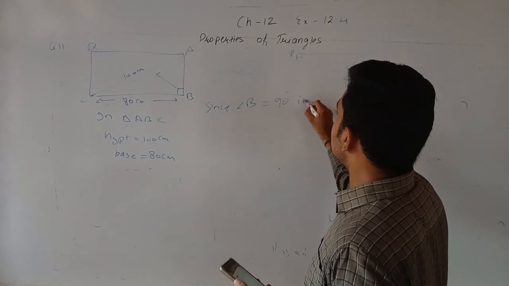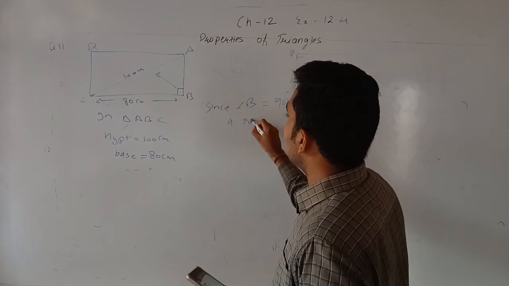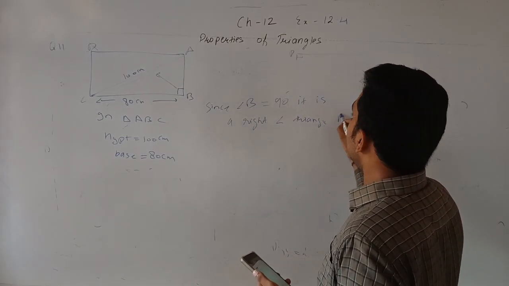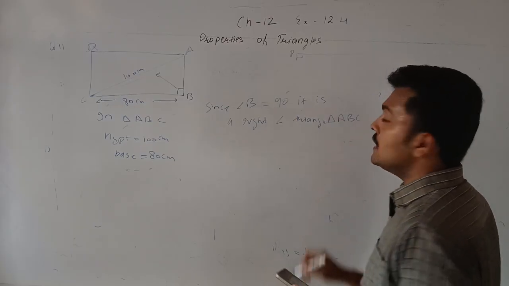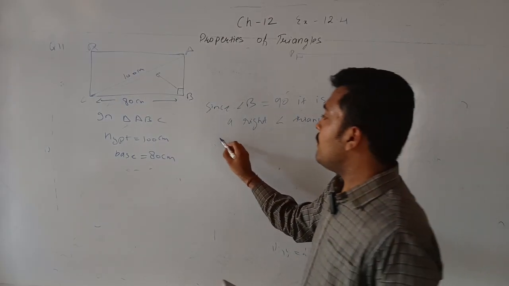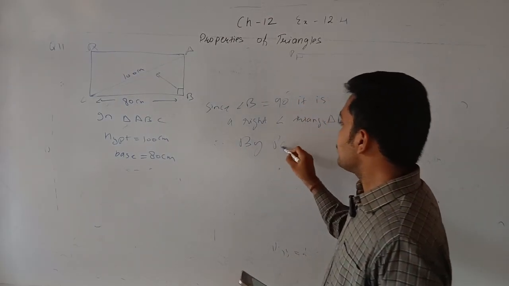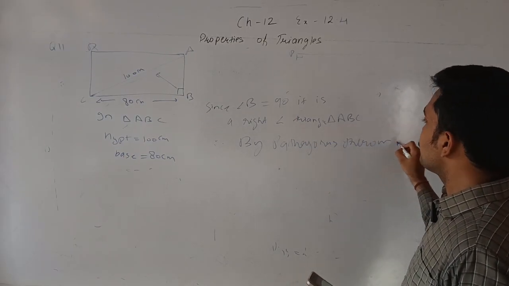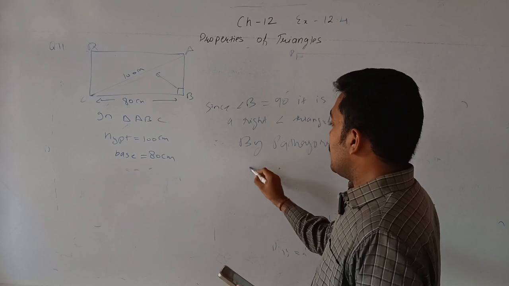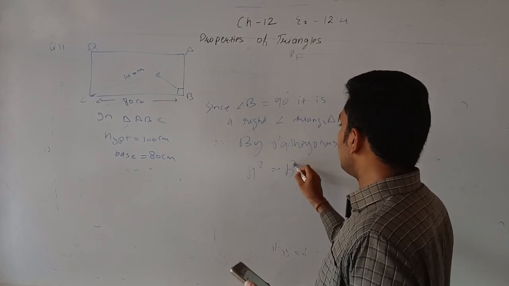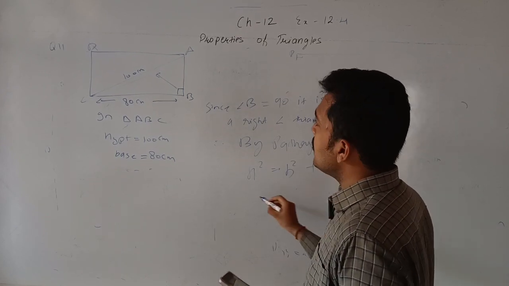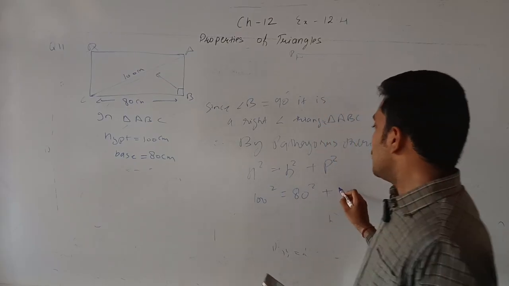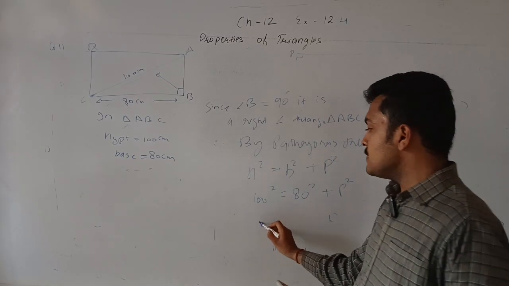Since angle B is equal to 90, ABC is a right angled triangle. Therefore by Pythagoras theorem, hypotenuse squared is equal to base squared plus perpendicular squared. 100 squared is equal to 80 squared plus P squared.